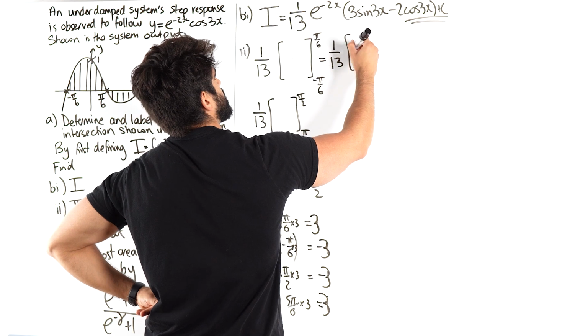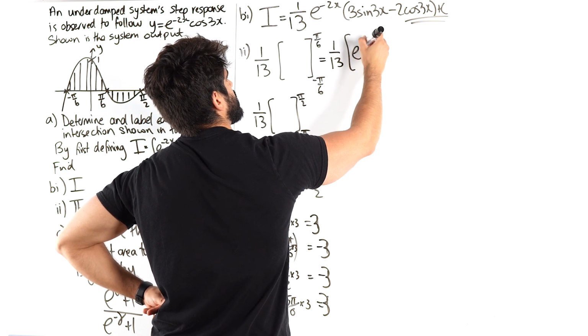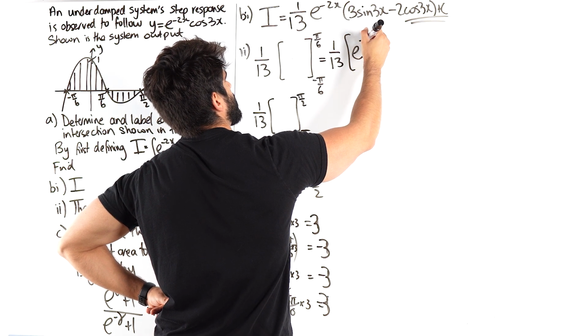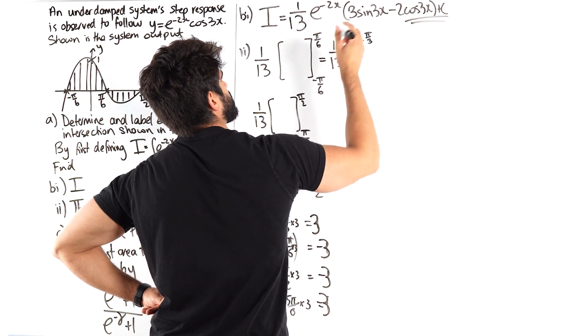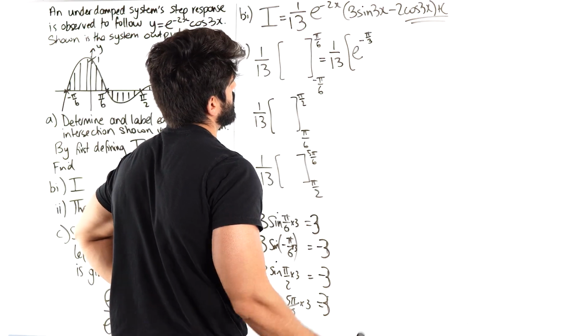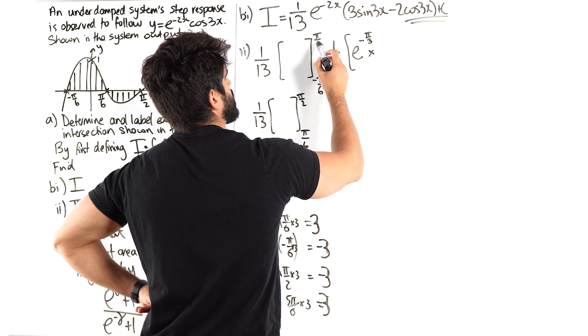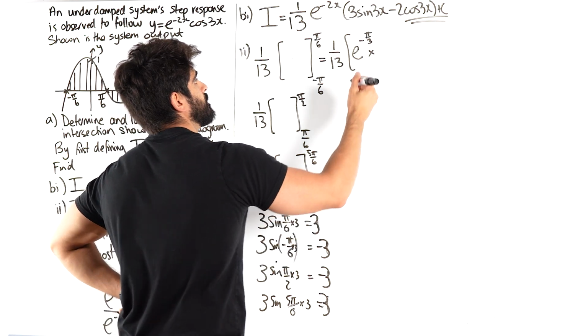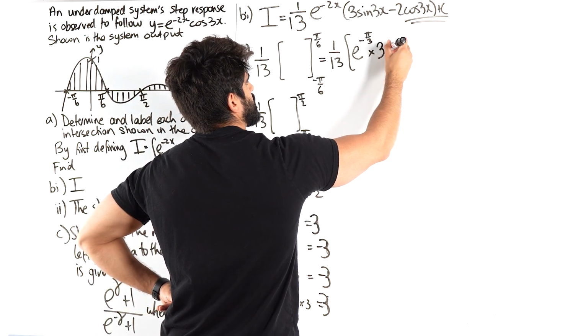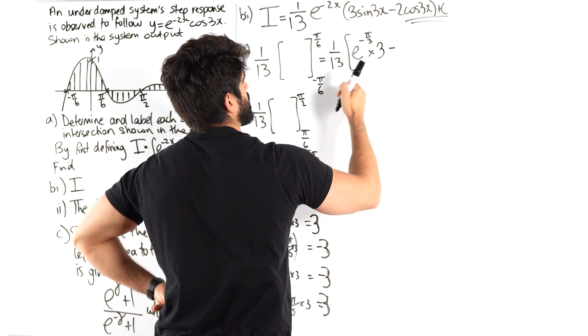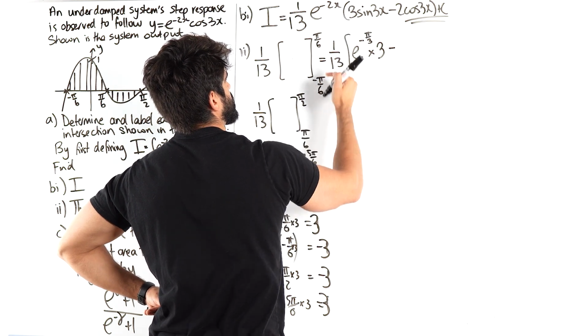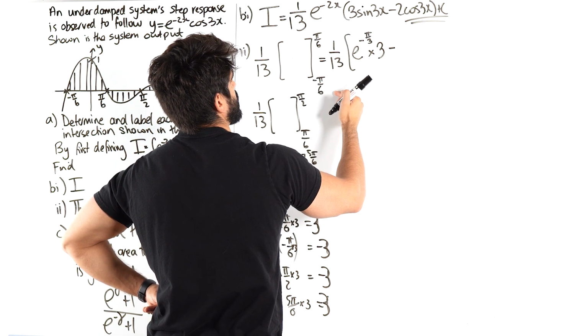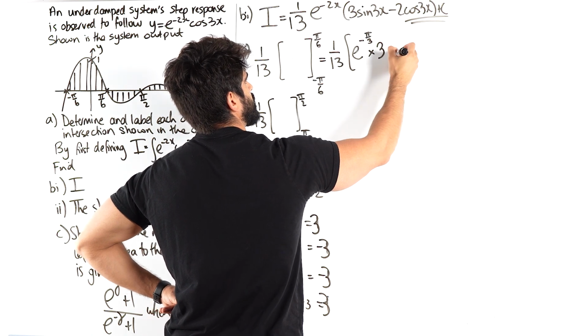So we get e to the minus pi over 3 times pi over 6, 3. Subbing in this one into here, you get just the same thing, but it will be e to the positive pi over 3.